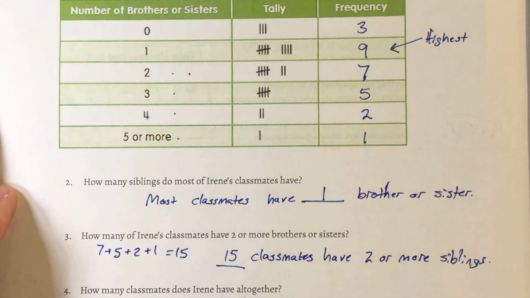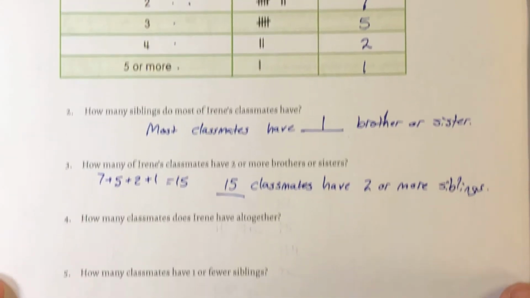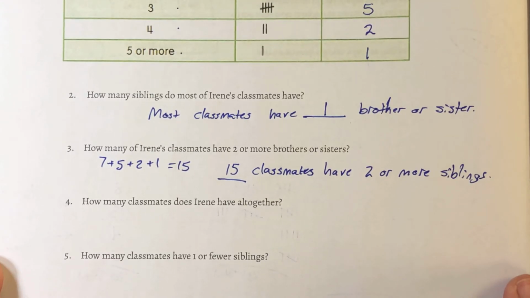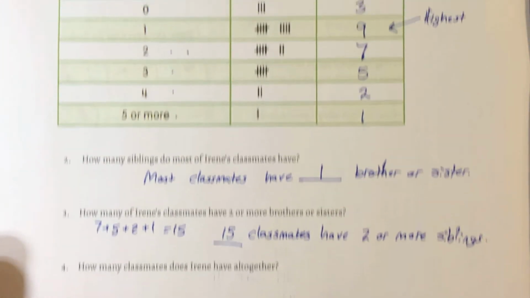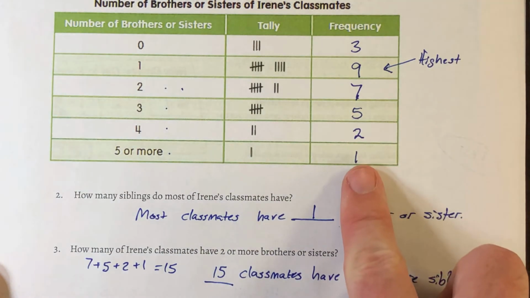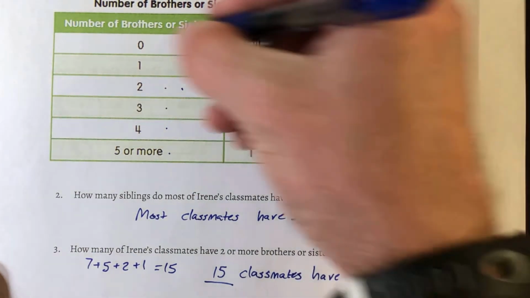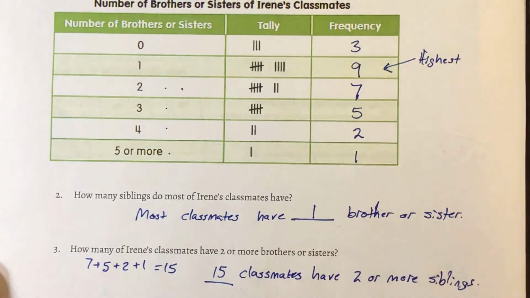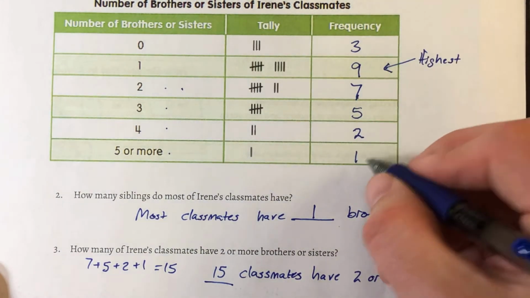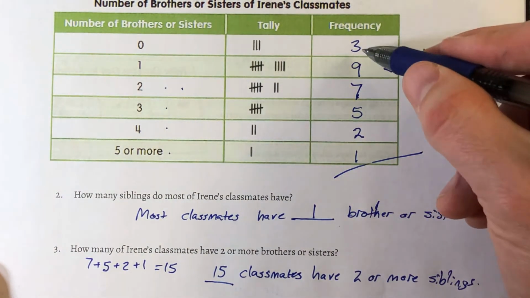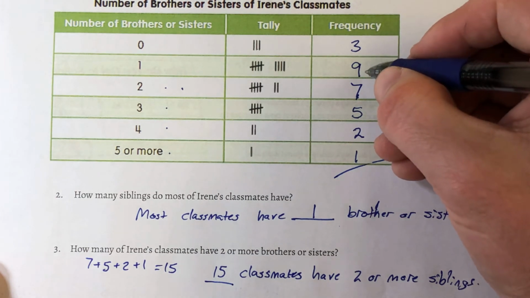All right, last 2 questions. How many classmates does Irene have altogether? Again, our frequency represents our people. These are the people with 0, and these are the people with 5 or more brothers or sisters. So we're just going to count those up. We'll show our work right here.